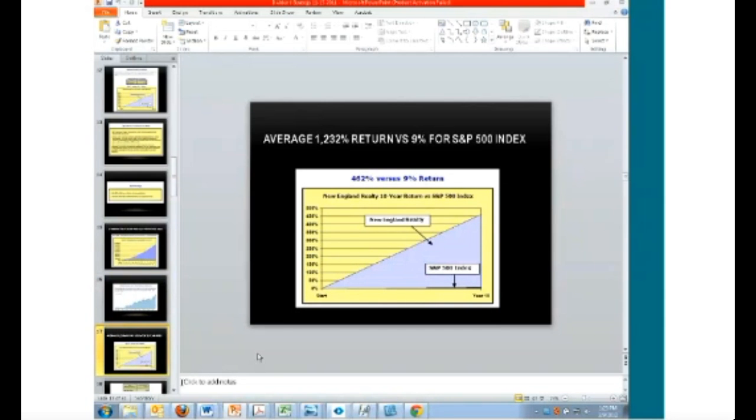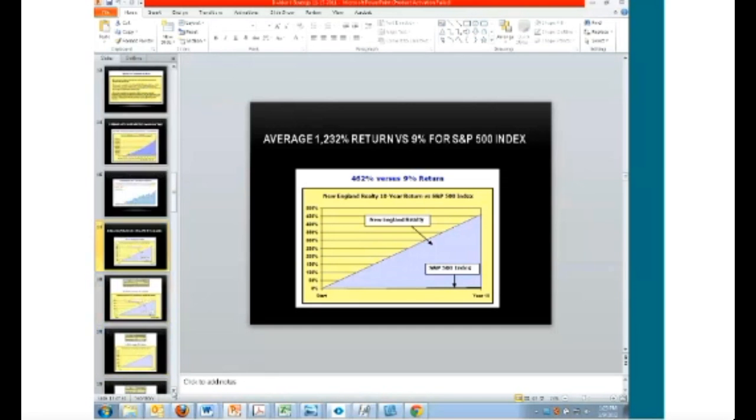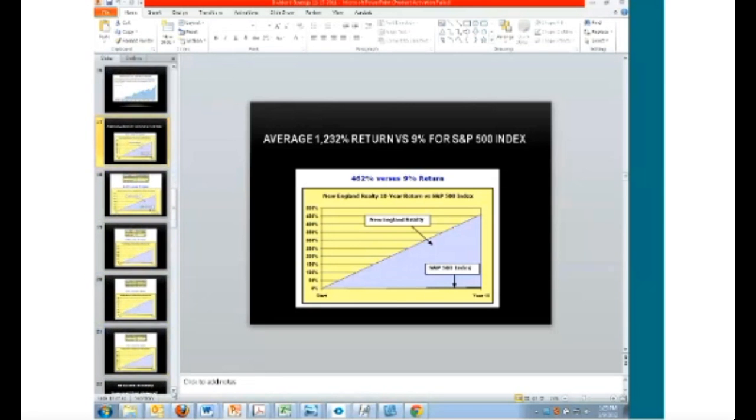And what I did was I took a sampling of MLPs in different types of industries, and just like the real estate investment trust, I compared the return of the MLP versus the S&P over the last 10 years. And this first example is for New England Realty MLP, and they had a 462% return versus 9% for the S&P.